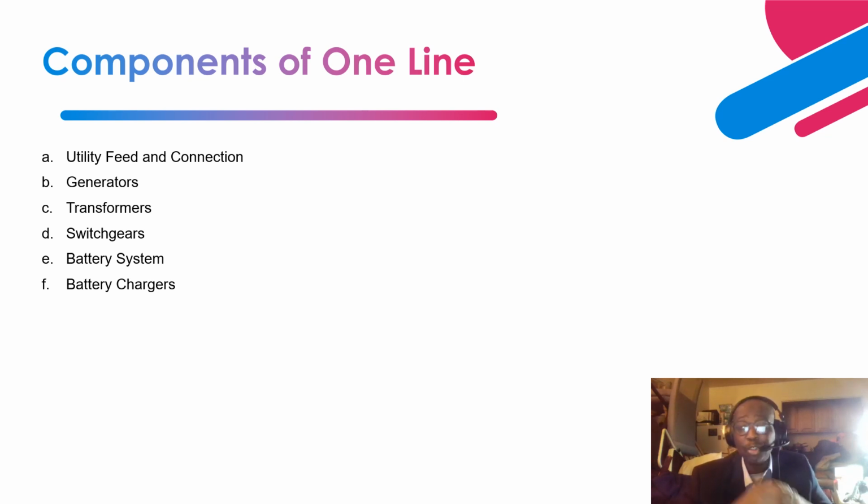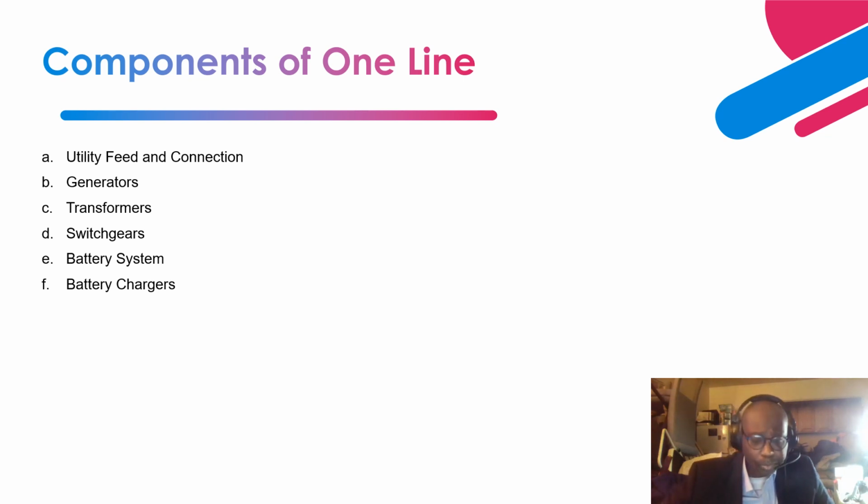If there should be any problem in the field, that itself is the basis for you to be able to investigate and find solutions to the problem. So it is very important for you to understand how to read one-line diagrams as a development engineer, experienced engineer, and as a supporting engineer during construction times.